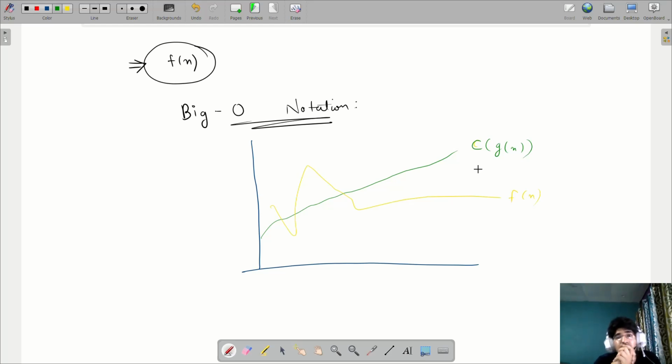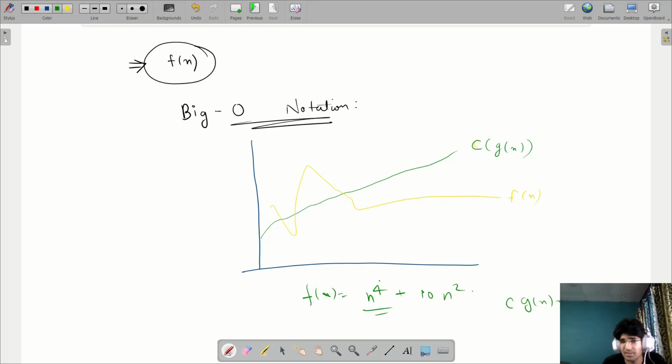For example, let's say we have f(n) equal to n to the power 4 plus 10n square or something like that. Then the upper bound is going to be c g(n), n to the power 4. This is what this actually means.